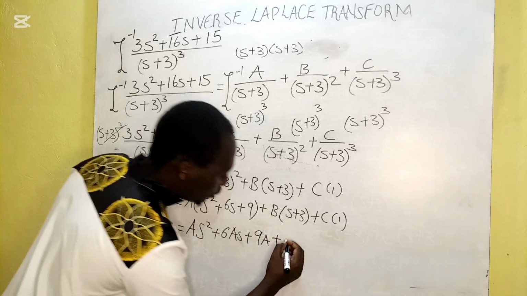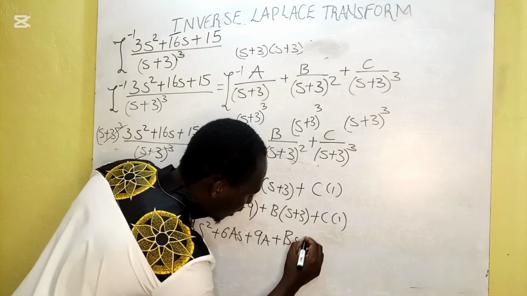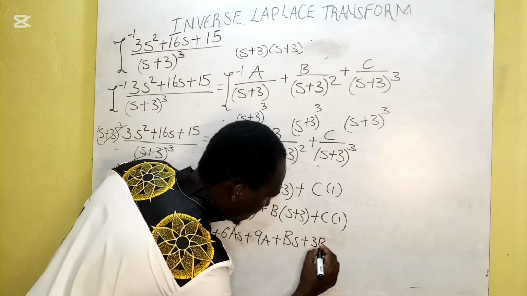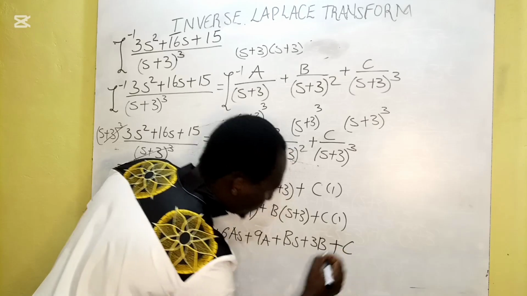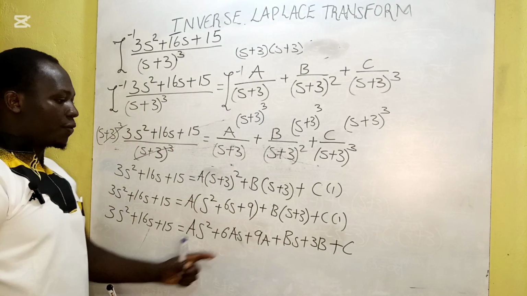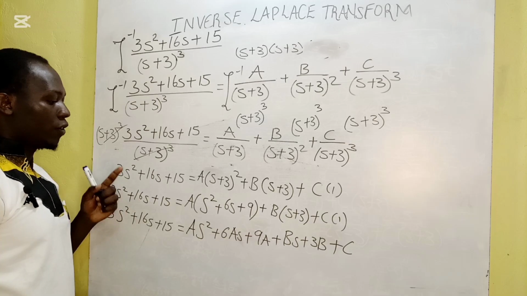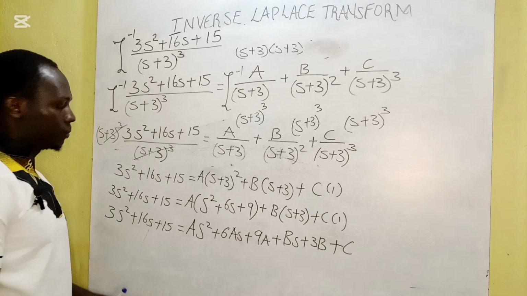We come and add to bs, we add to 3b, and lastly we add to c. From this point now, we need to get the value of a, the value of b, and the value of c.